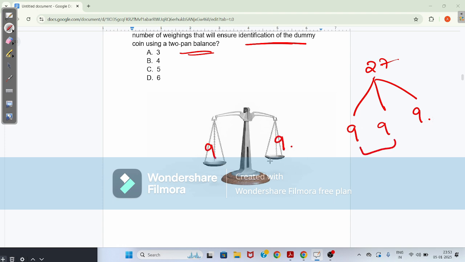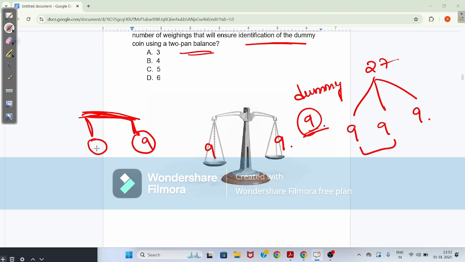If these two are equal, the dummy coin will be in the remaining 9. Or else if the pan balance tilts like this, the dummy coin being lighter means this 9 will be heavier and this 9 will be lighter, so the dummy coin will be in this pan.